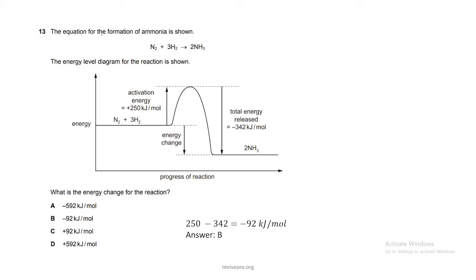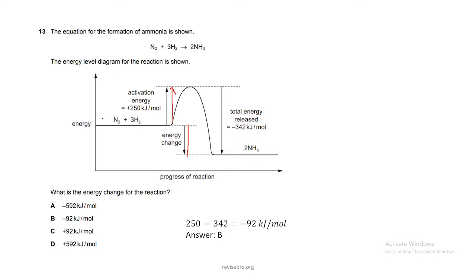The energy for the formation of ammonia is shown. The energy level diagram for the reaction is shown. What is the energy change of the reaction? The energy change of the reaction is indicated by this arrow, which is shown. So all you need to do is find the energy that this distance represents. Notice how this jumps to 250.